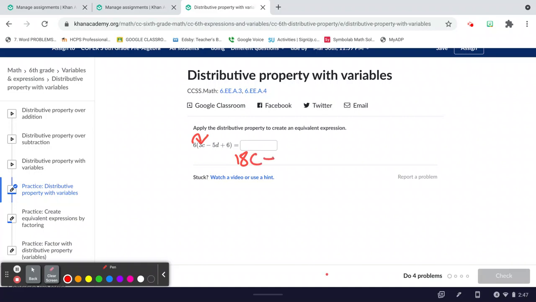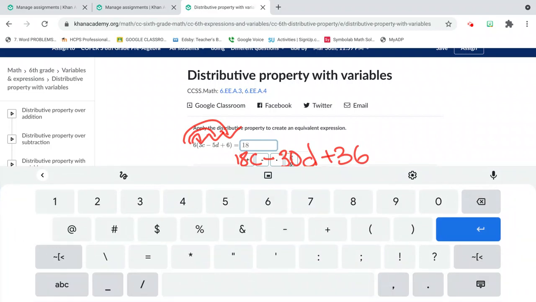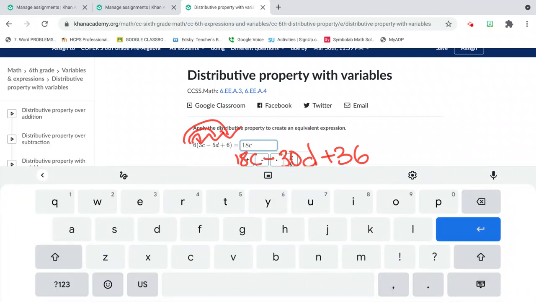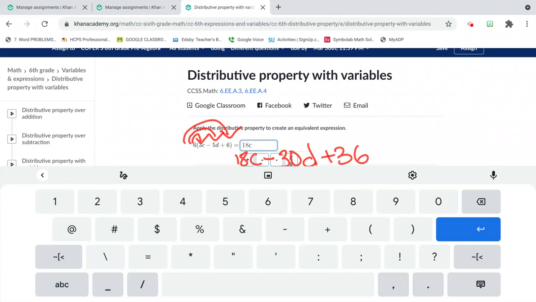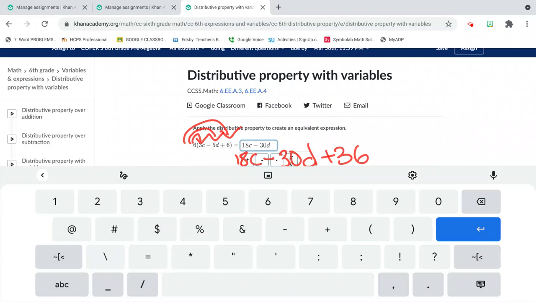Put my minus sign back. 6 times 5 is 30, and I have to put my d back. 6 times 6 is 36. So my answer is 18c minus 30d plus 36.